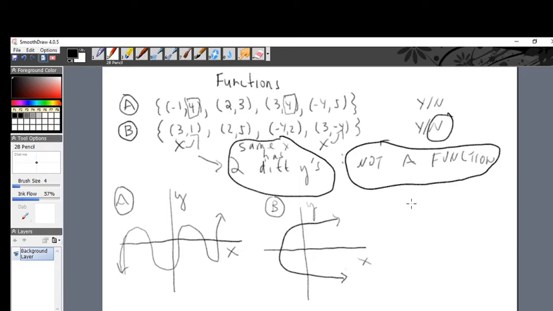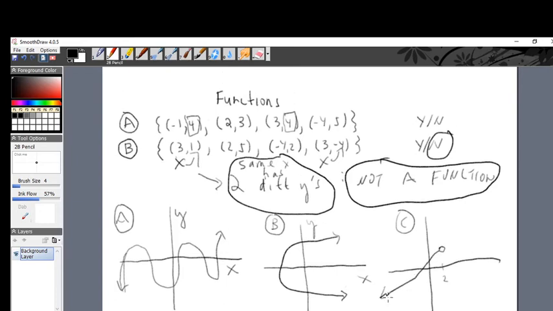Okay, and then one more, case C, where I've got a strange looking story here, where right around let's say 2, this is not included, so it's an open circle, and it keeps going down that way to the left. Sorry about that. Let me pick up the paper.